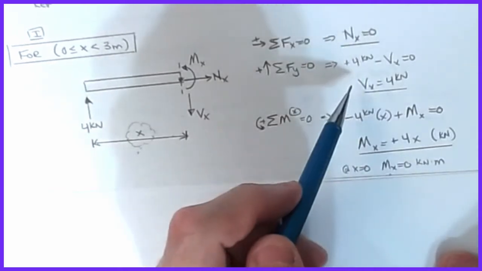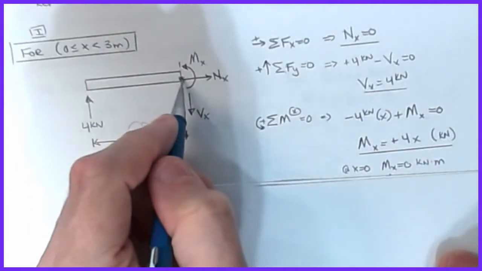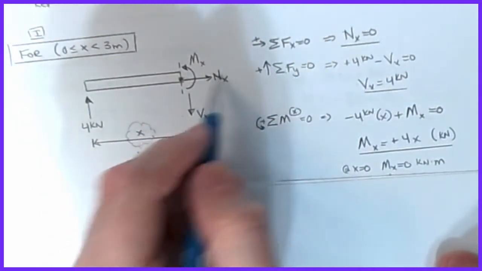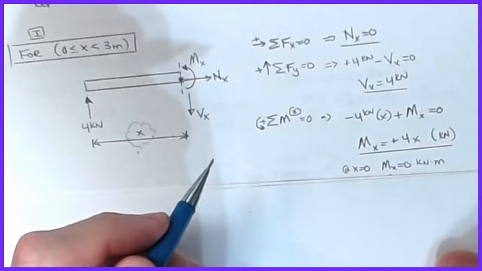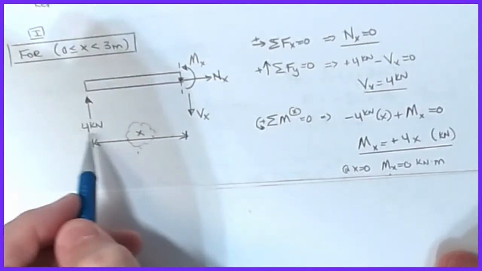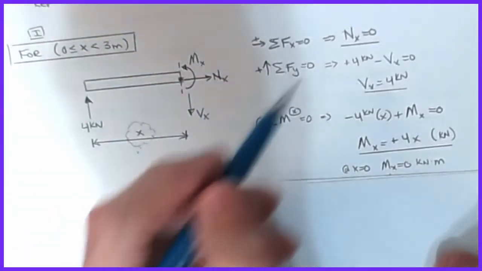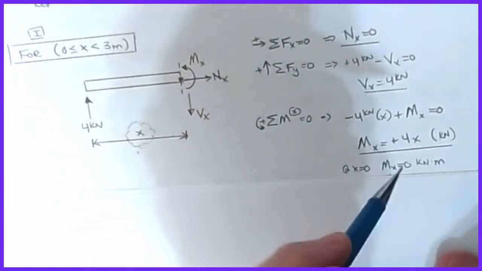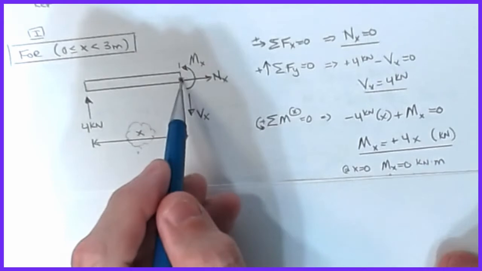But if I sum moments here instead, regardless of what I did in the earlier steps, these guys will not affect my answer. Now I still have to be right on the support reaction, but generally speaking, I can do that. It's these guys that get a little bit more complex sometimes in other examples. This example, not so much, but that's one of the reasons that I sum moments at the cut.